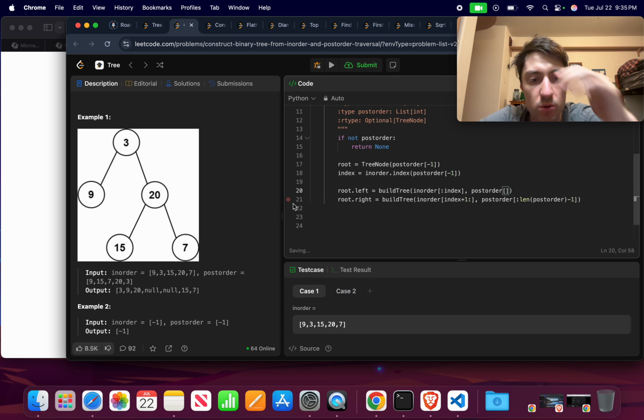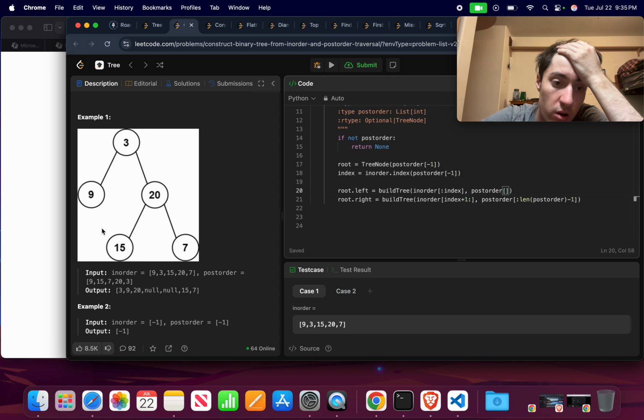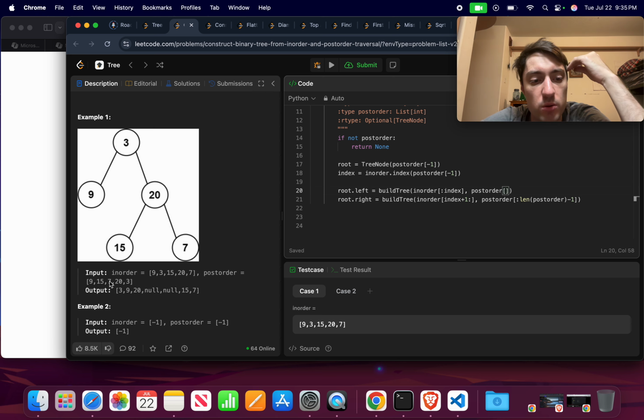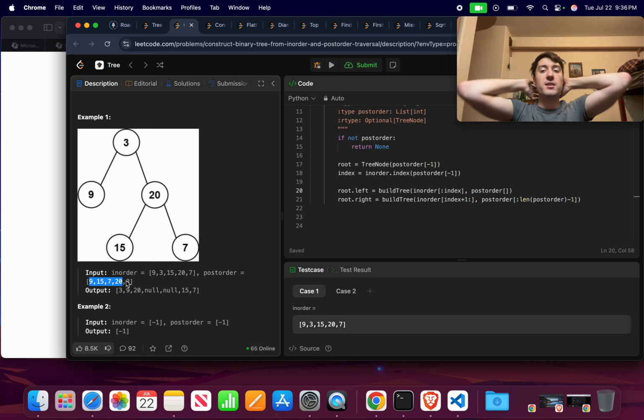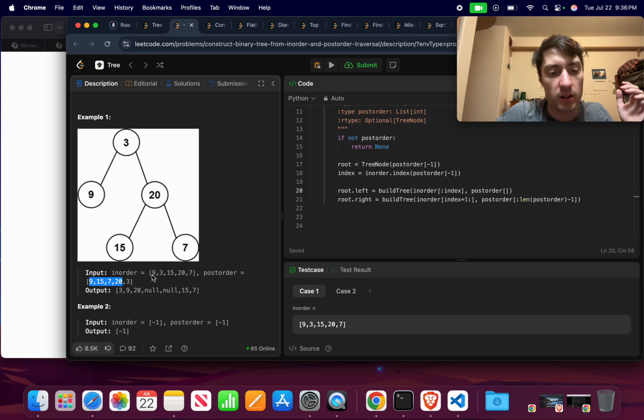Okay, and now post order. Oh, what do I want? Post order is going to be here. And on the left, man. It's only that 1, so I can't put in the entire thing because it's not there. Wait, no, sorry, here. Wait, yes, no, here.